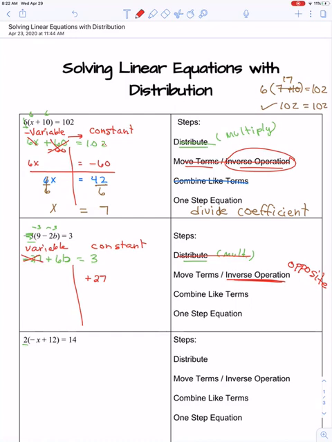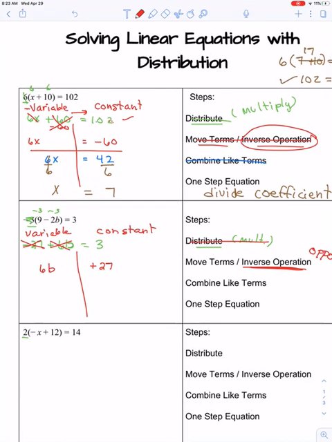So it's no longer over here. 6b does have a variable, so it's going to stay on this side. And then now we're on the constant side. 3 is a constant, and since it's the only term over there, like on the 102 up here, that's the only reason I didn't rewrite it. So now we're able to combine like terms.